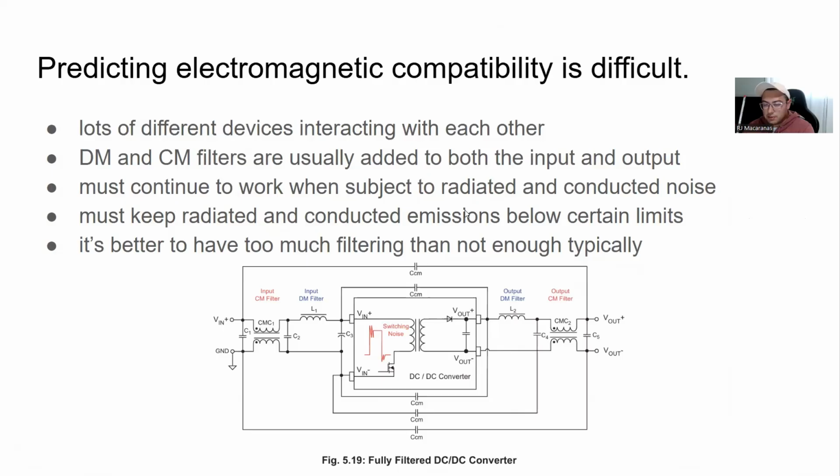For example, if I take my input line and add some kind of signal on top of it, this is a form of conducted noise, and my circuit still needs to work at certain levels of that conducted and radiated noise. And we also need to keep our radiated and conducted emissions below certain limits.